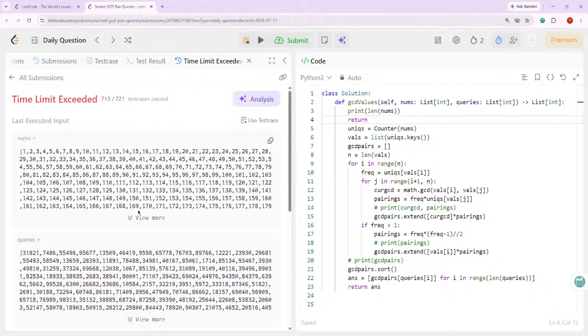I could do a prime factorization of every number, maybe.